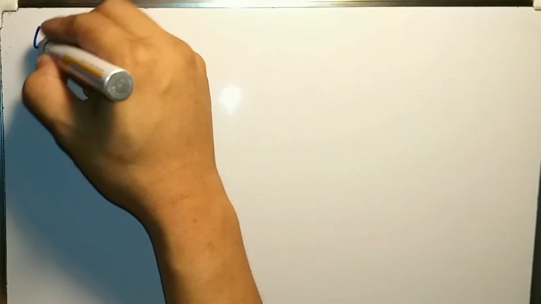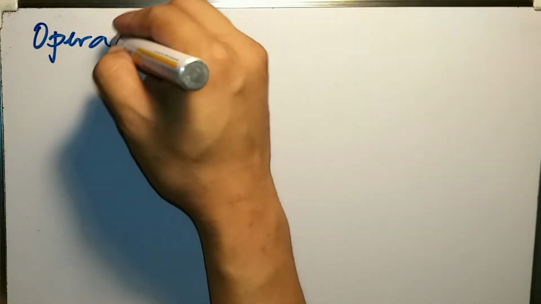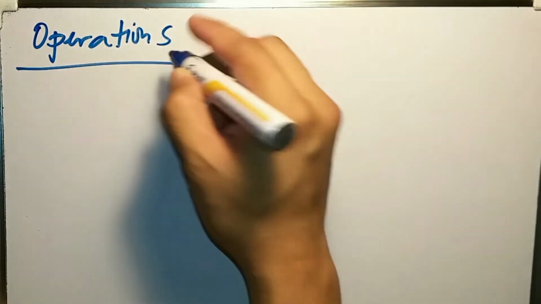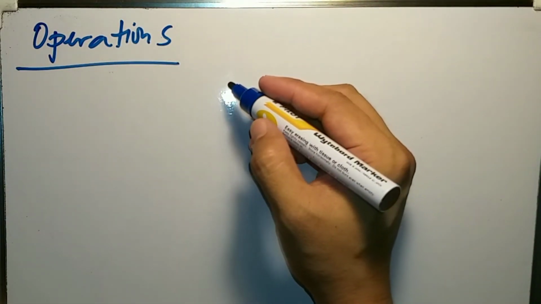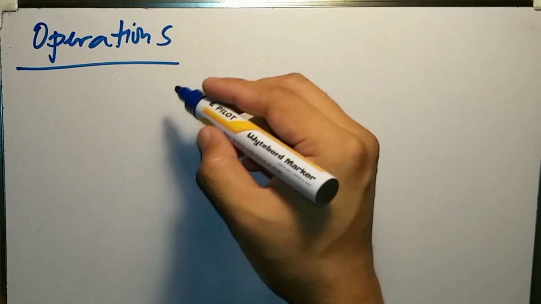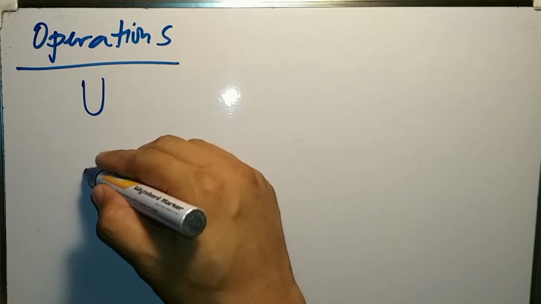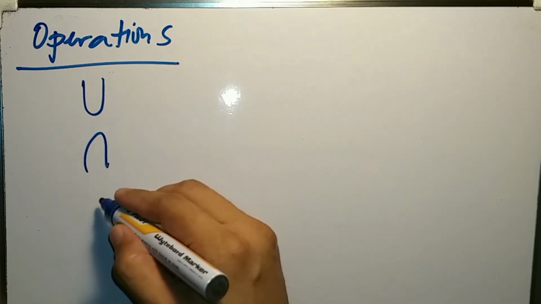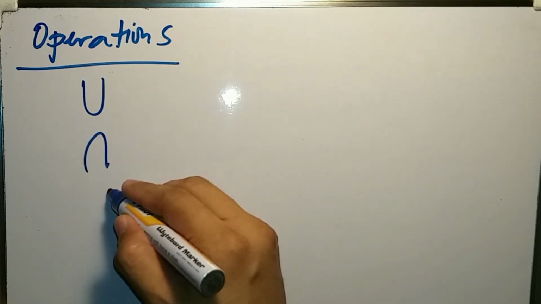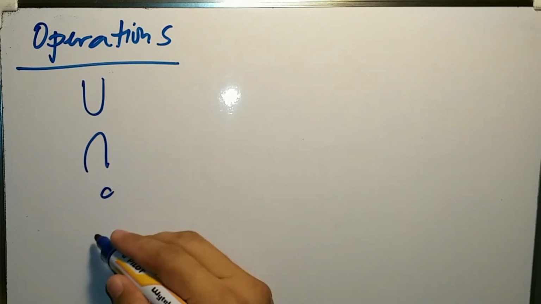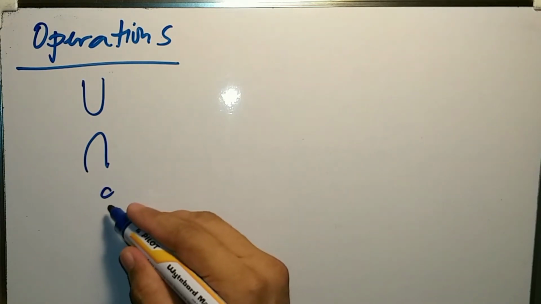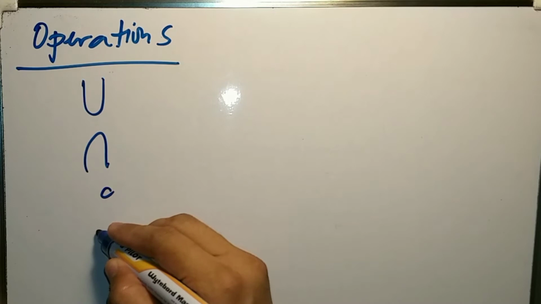So in sets, we also have operations. So we have 4 operations in sets, namely union, intersection, the complement, and the difference.